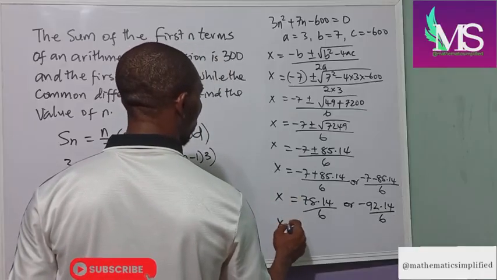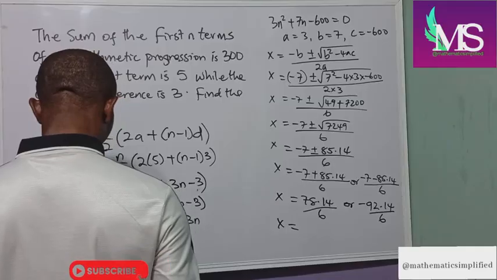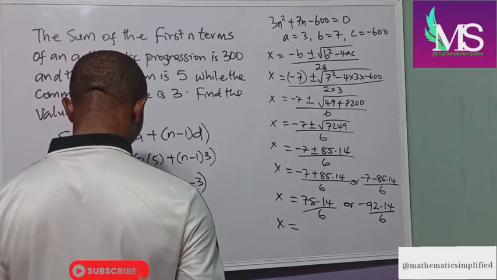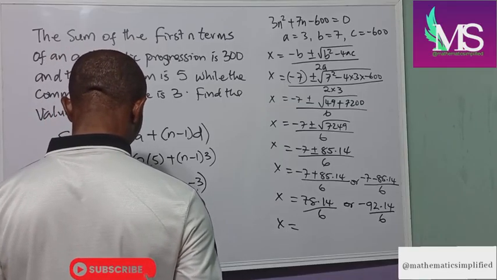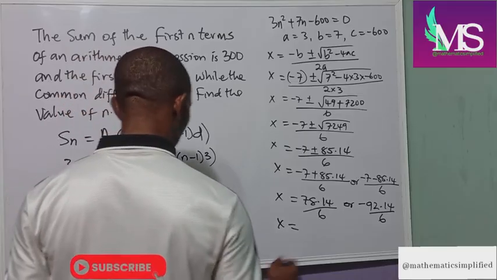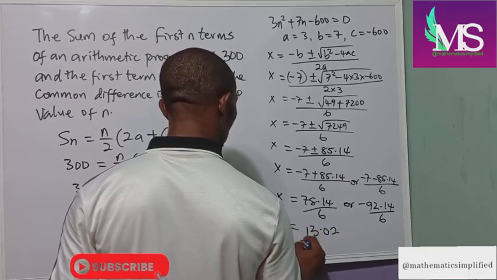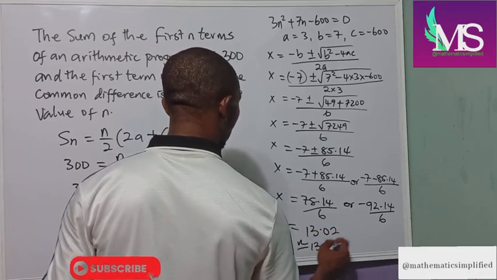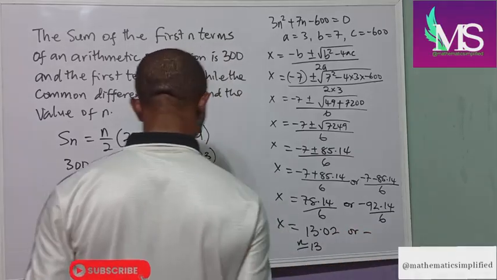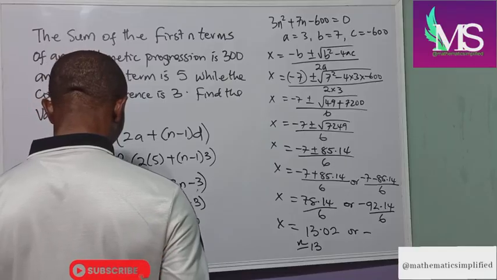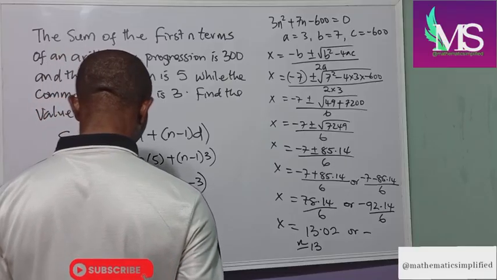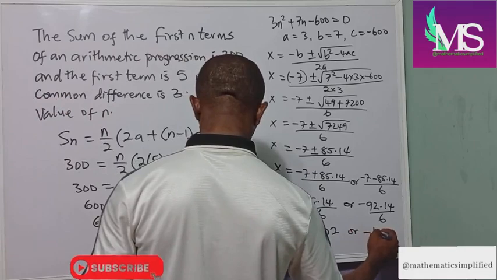So our x value will become 78.14 divided by 6, which is 13.02, so approximately 13, or minus 92.14 divided by 6, which will give us minus 15.36.